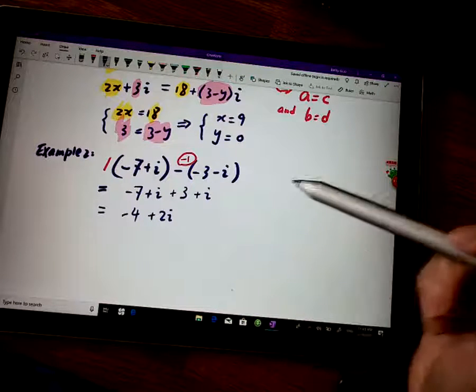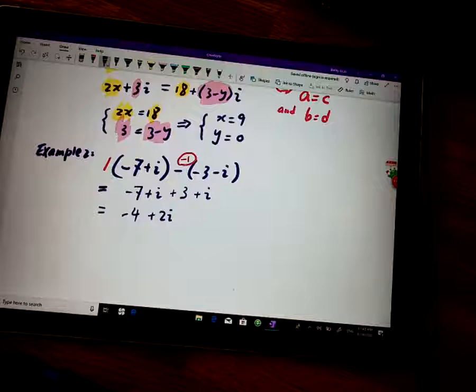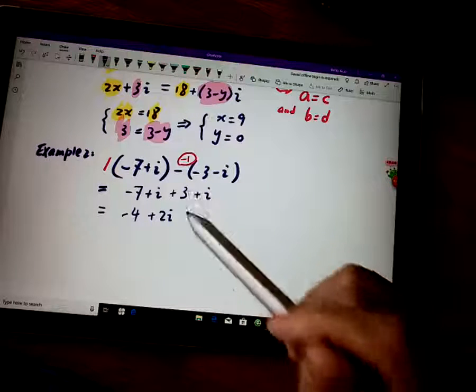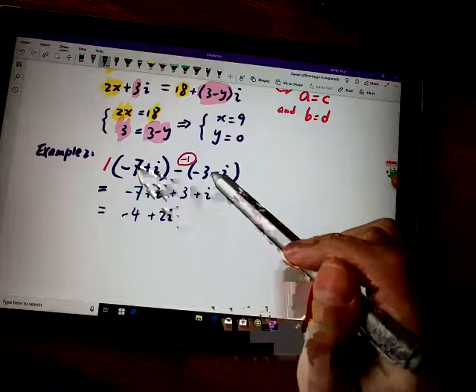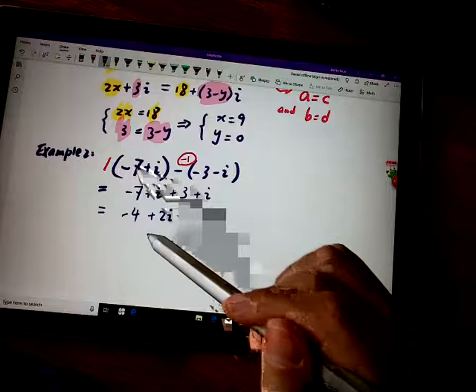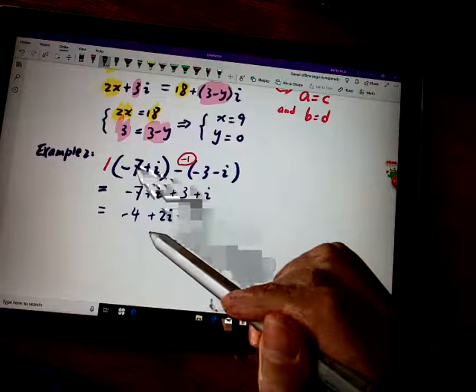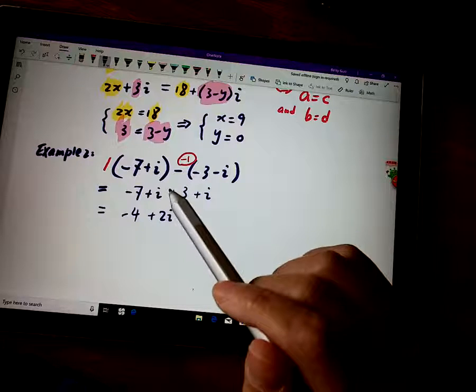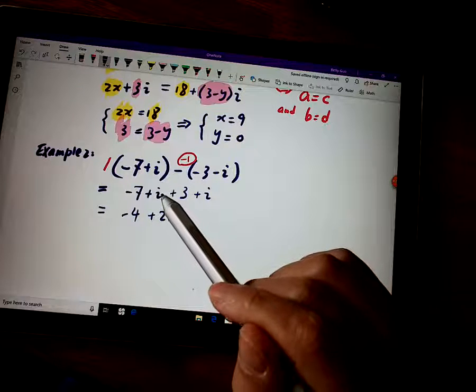So you can try my example in the notes. You can see whenever you add or subtract two complex numbers, you end up with a complex number. You add two complex numbers together, you get a complex number.